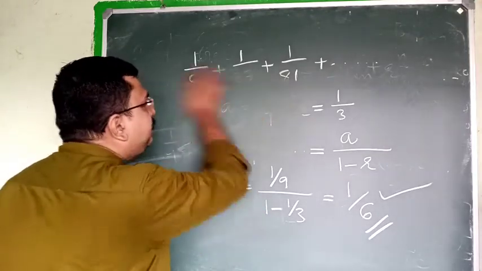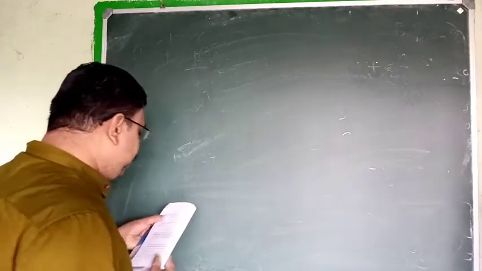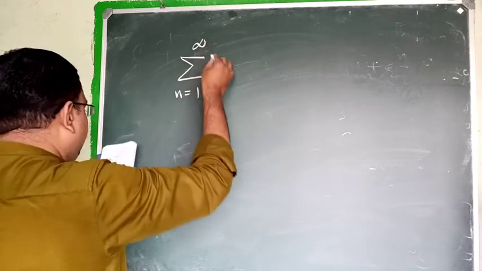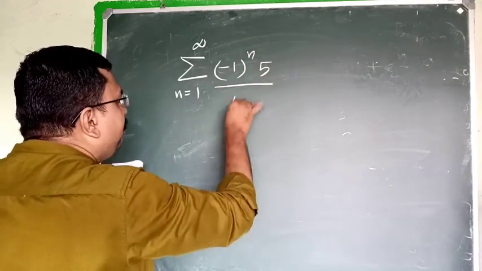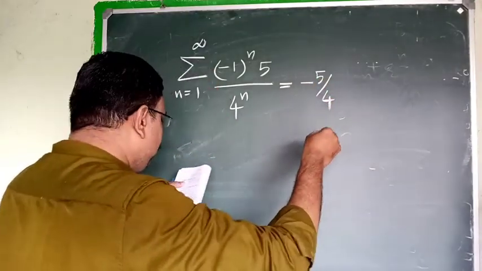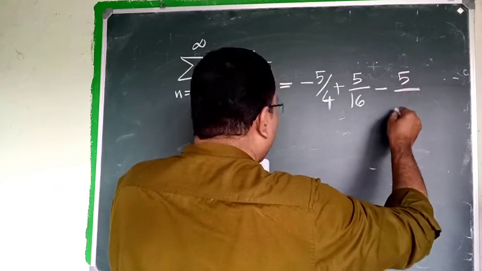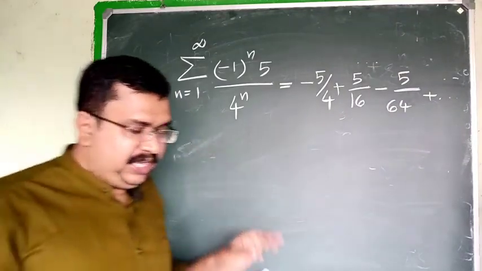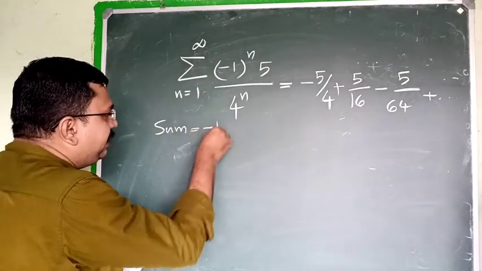Okay, then the next question is: show that the series sigma n equal to 1 to infinity, minus 1 raised to n into 5 divided by 4 raised to n, which is equal to minus 5 by 4 plus 5 by 16 minus 5 by 64 plus etc. Show that this series has the sum equal to minus 1.